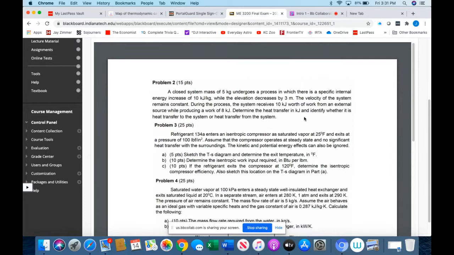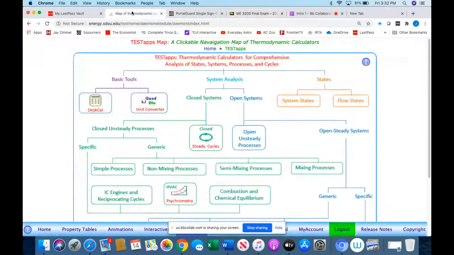What really needs to be done here is just an accounting for the direction of the work, whether it's in or out of the system, as well as the final answer, which is how much heat transfer had to occur either to or from the system. And so with this information in mind, I want to go ahead into our thermodynamic software.